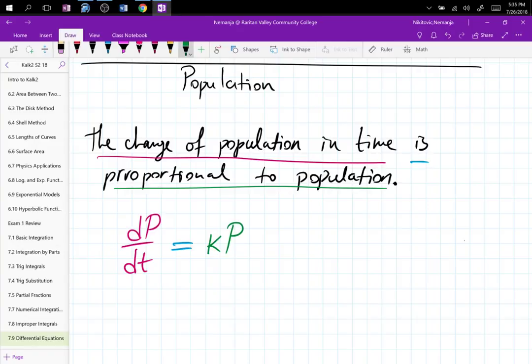It could be proportional to the square of population. It could be proportional to square root of population. It could be proportional to 3 less than square root of population, and square root of t plus 3. And every single one of those would be times k, because that's the constant of proportionality, which is always there.